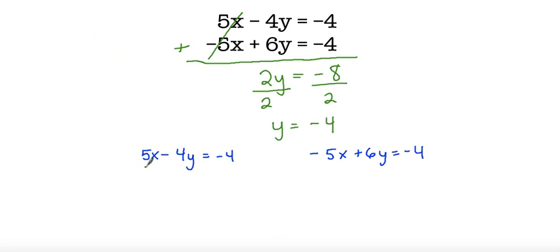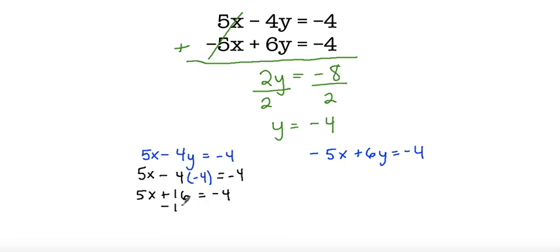So 5x minus 4 times negative 4 is equal to negative 4. And so negative 4 times negative 4 is positive 16. So 5x plus 16 is equal to negative 4.